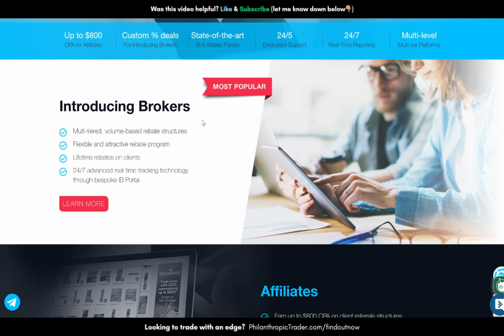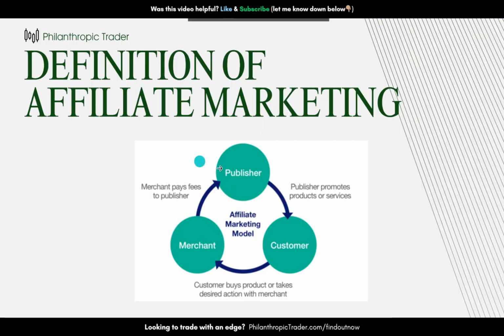Basically what they do, so if I go back, so this is the introducing broker, the publisher, and what they do, they simply just refer customers to the broker, and then for every single trade the customer places, the introducing broker will receive a commission, which could be 25% of the spread, for example, or the commission that the customer pays.